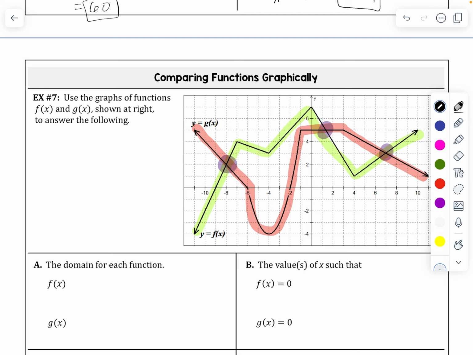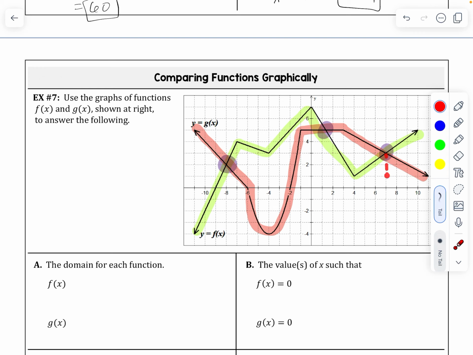Okay, so here I can see that f of x is below g of x to start, until x is negative 8. But after x is negative 8, f of x is greater than g of x until that changes again at x equals 2, where f of x is less than g of x.